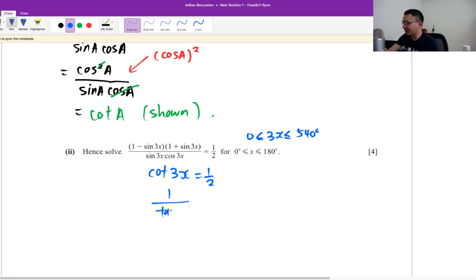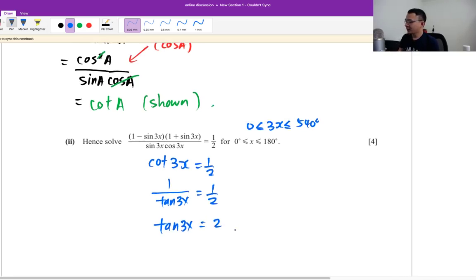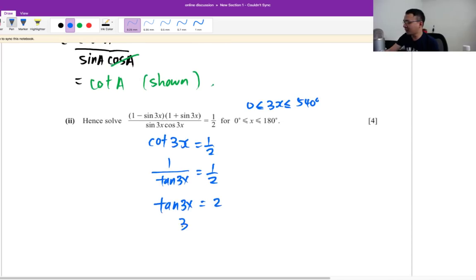So I'll solve this one. This is 1 over tan 3x equals 1 over 2. Then tan 3x equals 2. The next thing is I will move the tangent to the other side. I will do the shift tangent thing. Make sure your calculator is in degrees here. So I do shift tan 2, and I will get the angle 63.43.